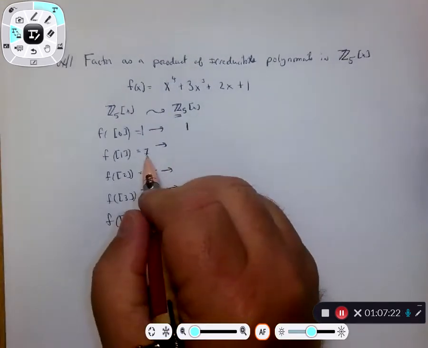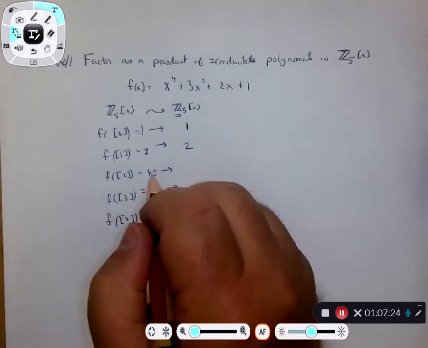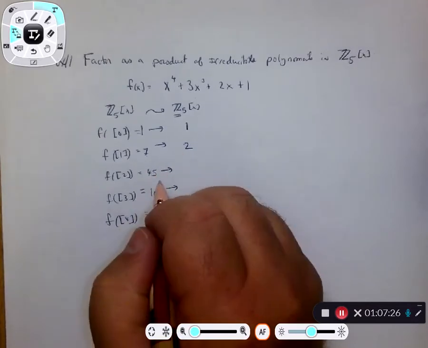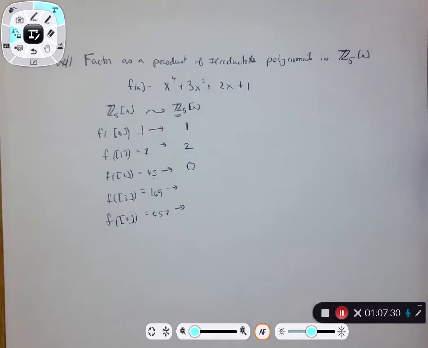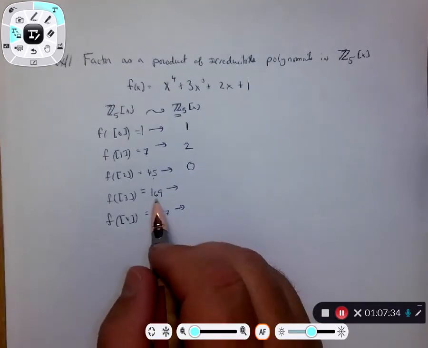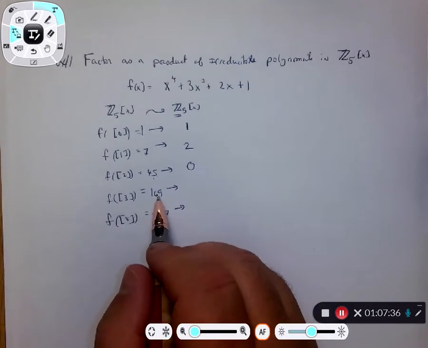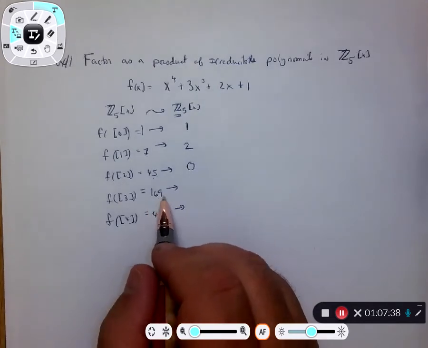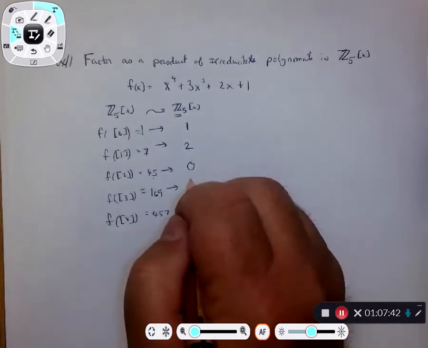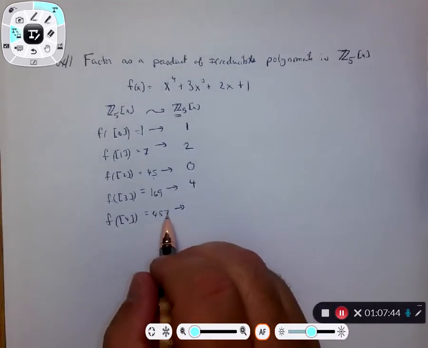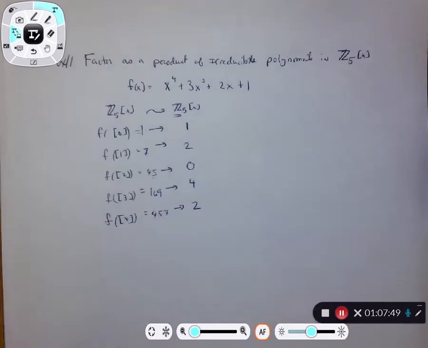But 7 in Z5 would be equivalent to 2. 45 in Z5 is equivalent to 0 because 5 divides into 45. 169 goes into 165, divide by 5, so I've got 4 left over. And 457 goes into 455, so there will be 2 leftover.